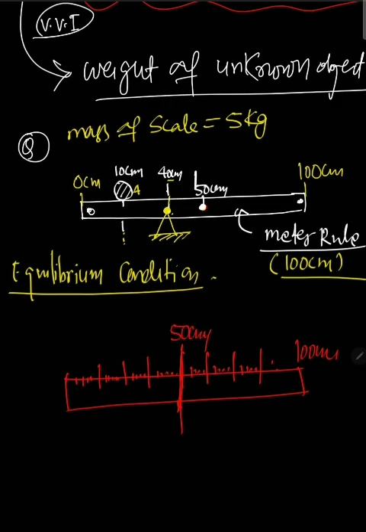So 50 centimeter is the center of this scale, and for a regular shape object its center will lie at the middle point. There is one point at which its weight is acting, meaning we consider that the whole weight of this object acts at this point, and this point is called the center of gravity. So for a regular shape object, its center of gravity will be at the center.